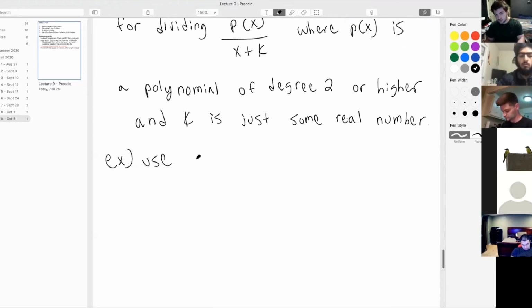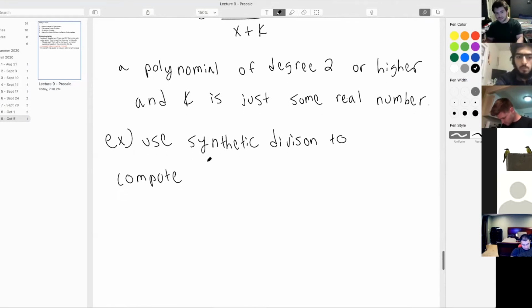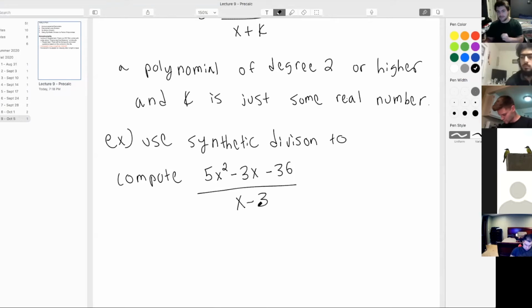We can use synthetic division to compute this division: 5x squared minus 3x minus 36 divided by x minus 3.